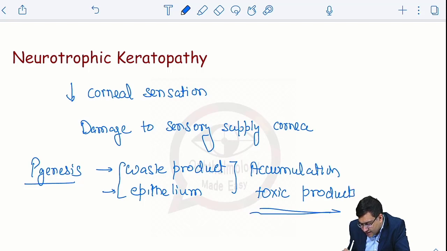Okay, this finally causes the neurotrophic keratopathy.